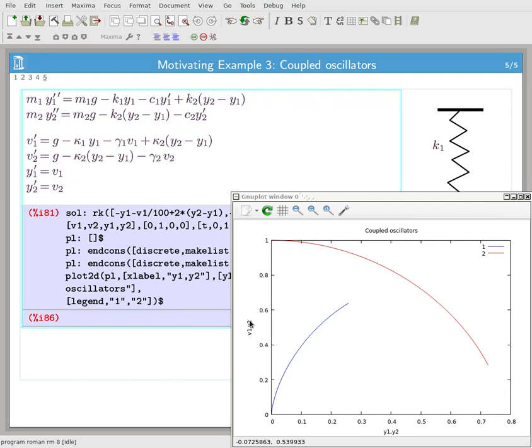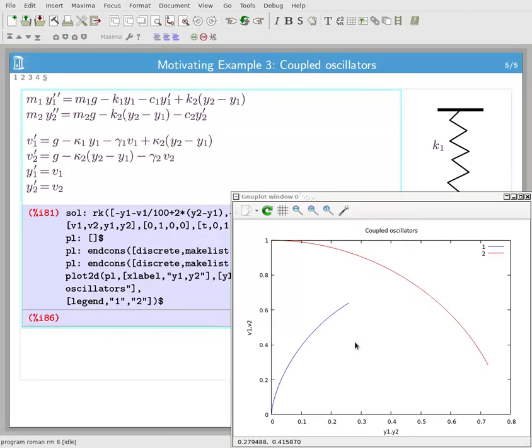Rather, what we're doing is that we're showing for point mass 1 the velocity as a function of its position. So notice that this blue curve that corresponds to point mass 1 is starting off from 0, 0, meaning 0 velocity, 0 position at equilibrium, and then it is being accelerated by the effect of the second mass, the red curve, which was given an initial velocity of 1 at its initial position of 0.